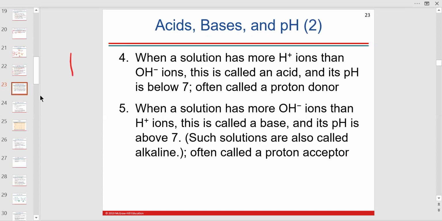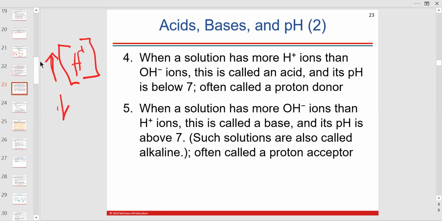Usually concentration is drawn with brackets like this. So an increase in hydrogen concentration would be a decreased pH. It's an inverse scale. So acidic is less than 7, and in the blood, less than 7.4. Rock and roll.